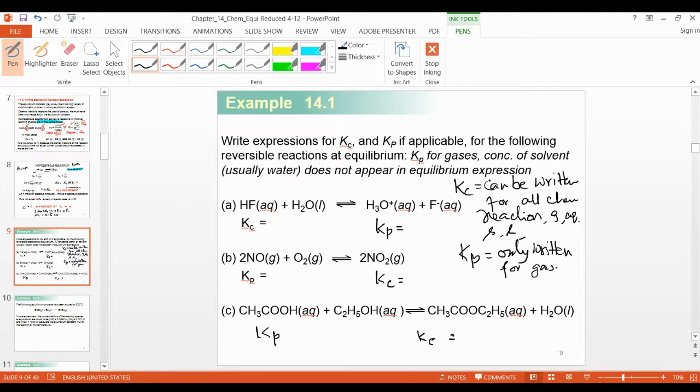If water is there, because water is a pure compound, you never add this water, meaning liquid, in the chemical equilibrium expression. Only aqueous and gas you will add. If you get solid and liquid, never add them into the expression. Without liquid, without solid, you have to write the equilibrium expression.